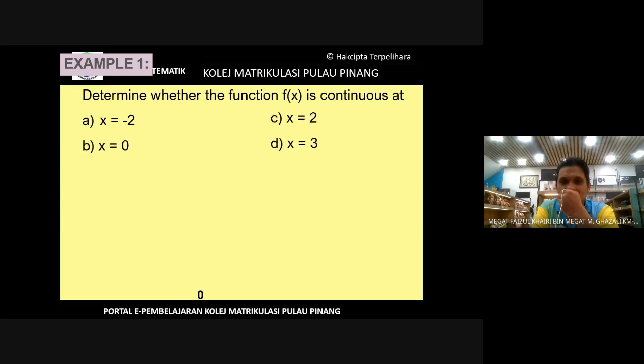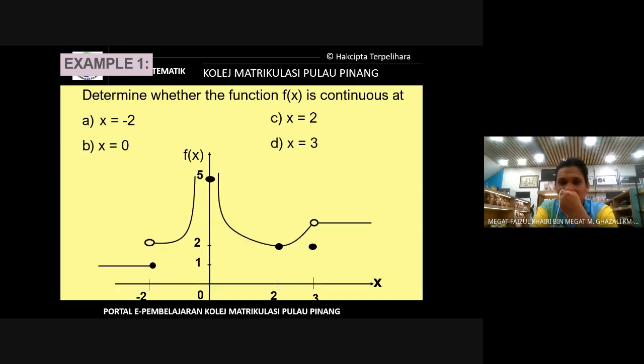Determine whether the function f(x) is continuous at x equal to -2. The limit of x approaching -2 from the left is y equal to 1, and the limit of x approaching -2 from the right is y equal to 2.